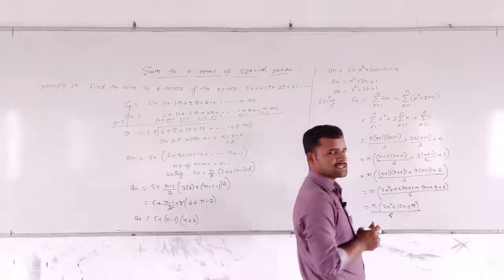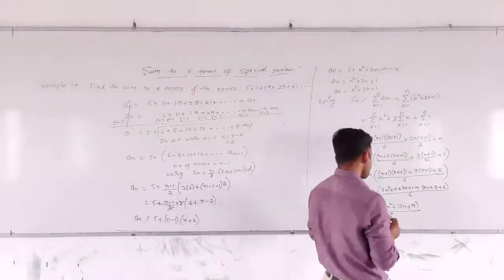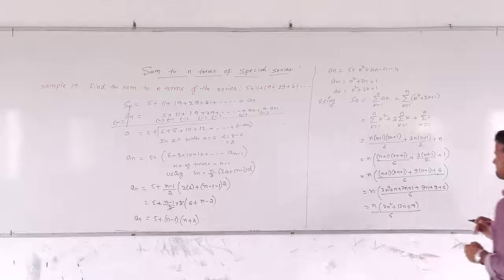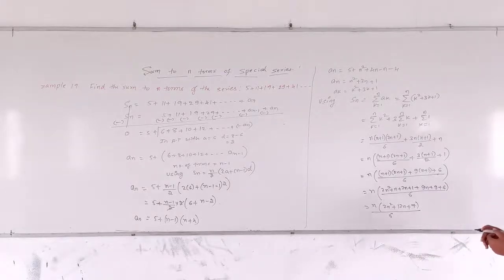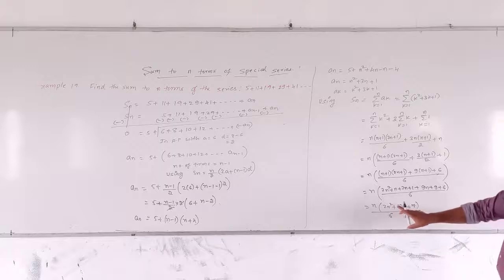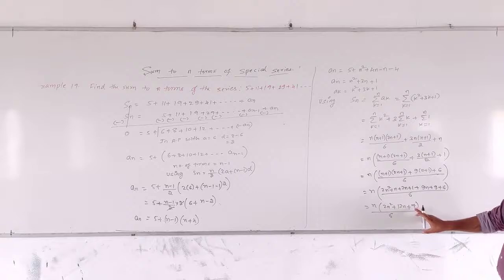Now we need to simplify this. Simplifying, 2n into n, this is 14, product should be 14 and the sum should be how much, 12. Like that we have to choose the numbers.